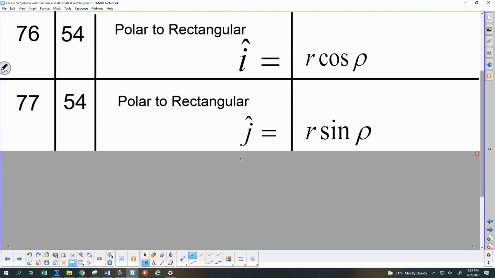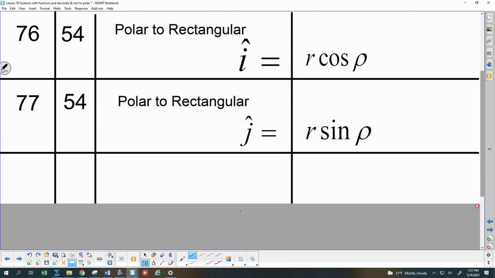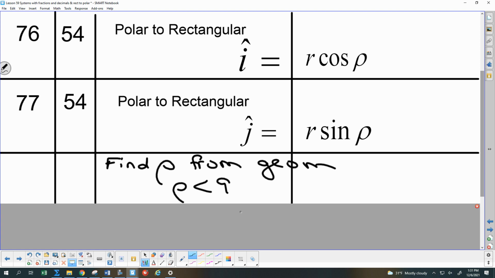So these are your formulas for i hat and j hat. And again, you find rho from the geometry. Rho has to be less than 90 and more than 0. And that finishes up today's work.